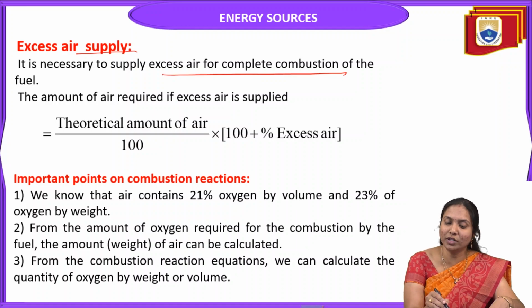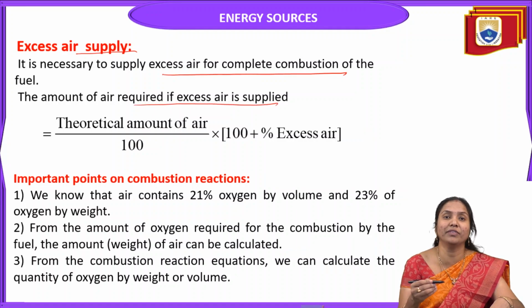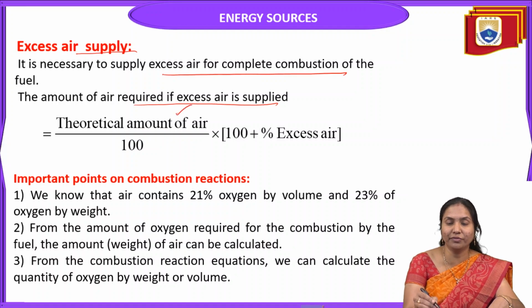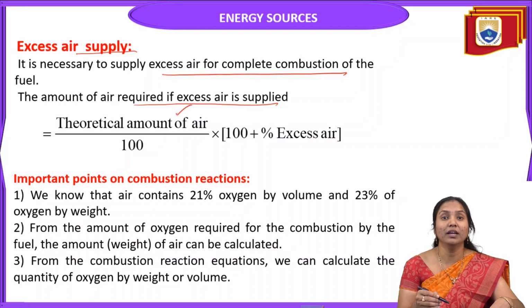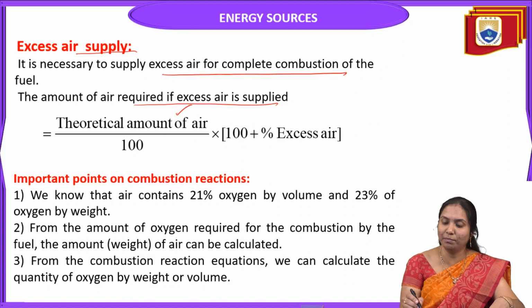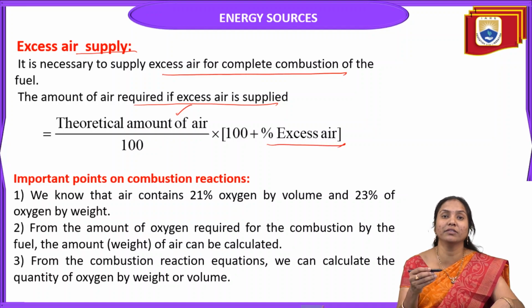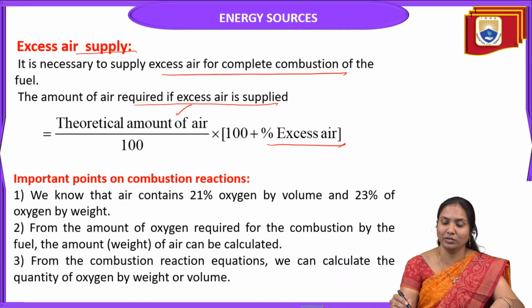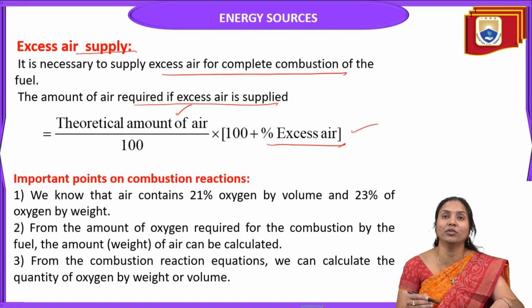The amount of air required if excess of air is supplied is equal to theoretical amount of air by 100 into 100 plus percentage of excess of air supplied. So using this formula, you can calculate the amount of air required if excess of air is supplied.